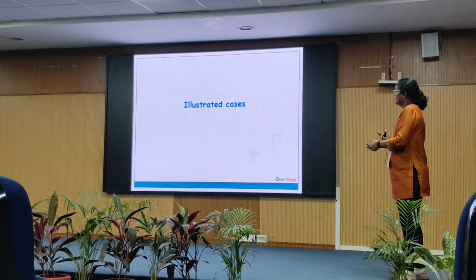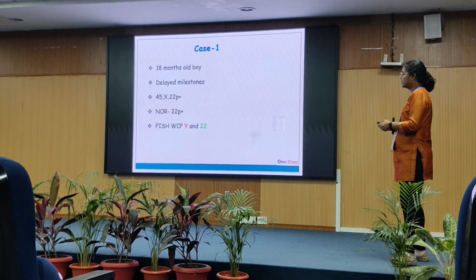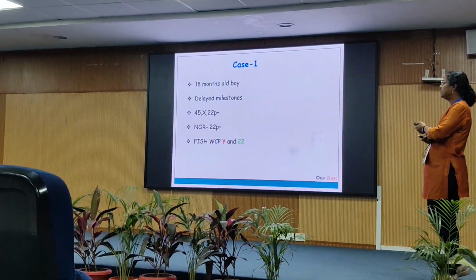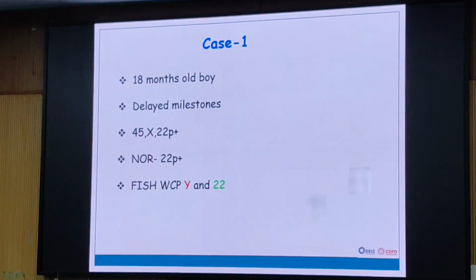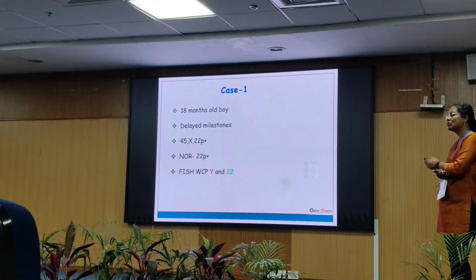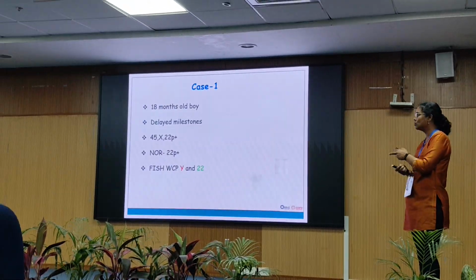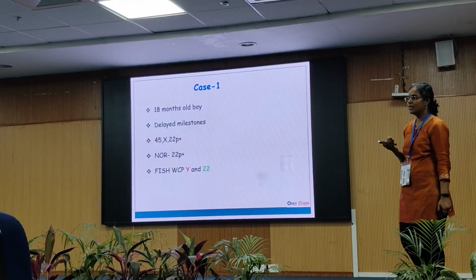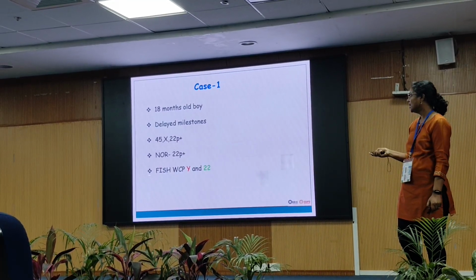And some illustrated cases I'll show you. This is a 16-month-old boy with delayed milestones with 45,X and 22p+, and we have done AgNOR staining because 22 is an acrocentric chromosome, and we found that it is a p plus region. That means there is an additional euchromatic region, and then we have done FISH with Y chromosome.